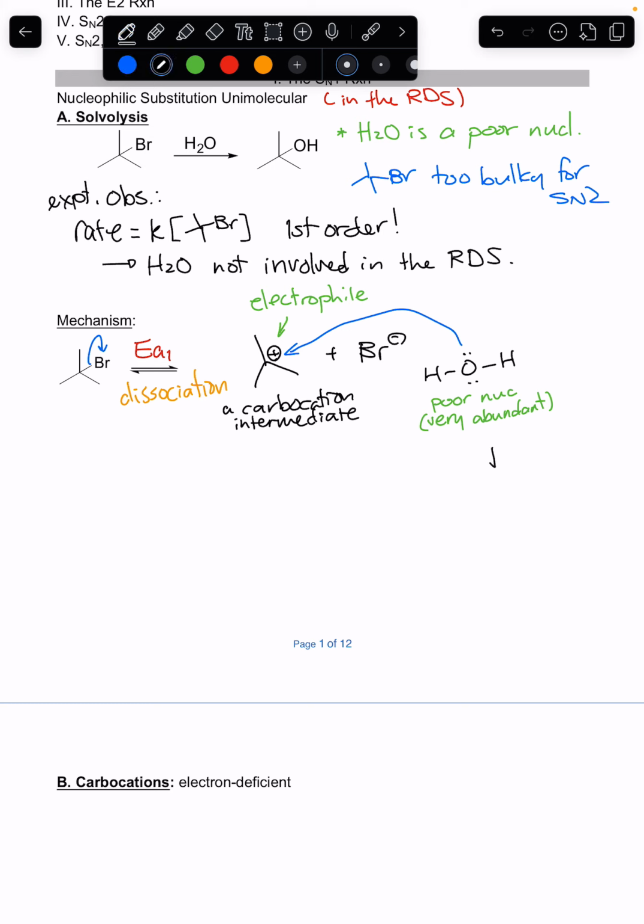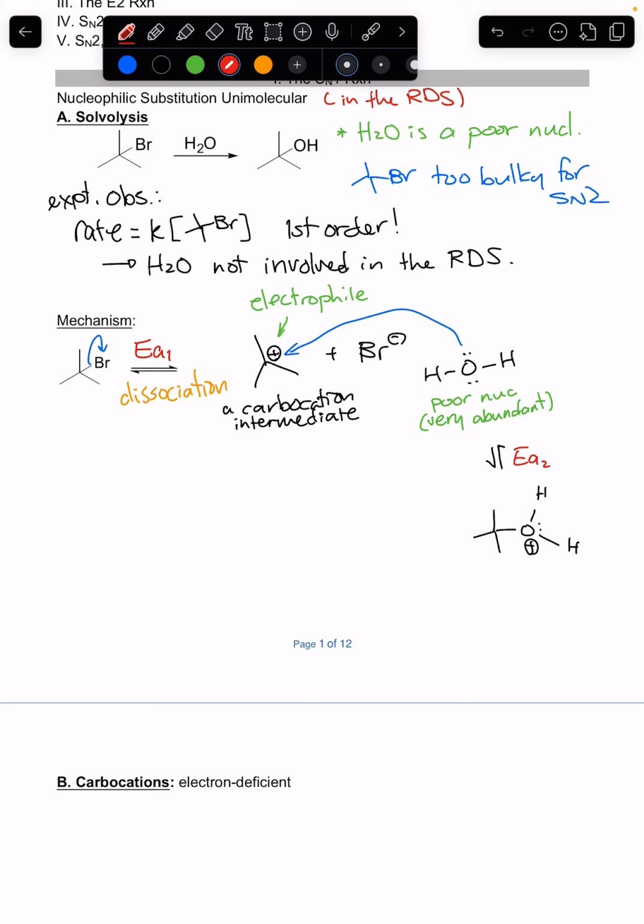And what that does is you would get to this intermediate. Right, and now there's some sort of an activation energy involved in this step as well.